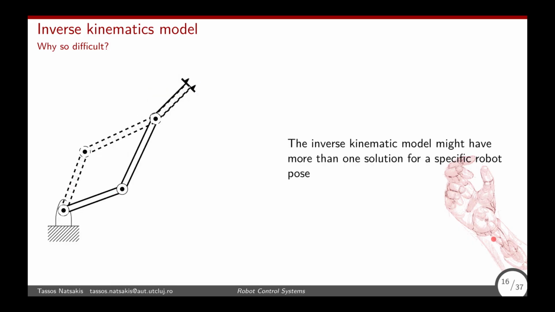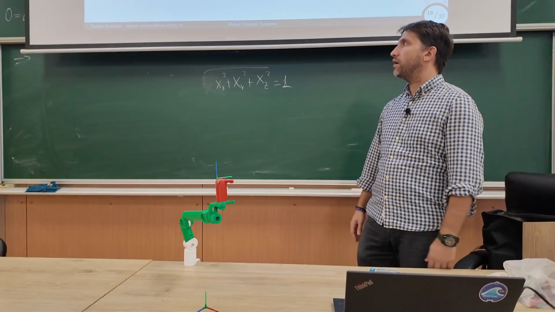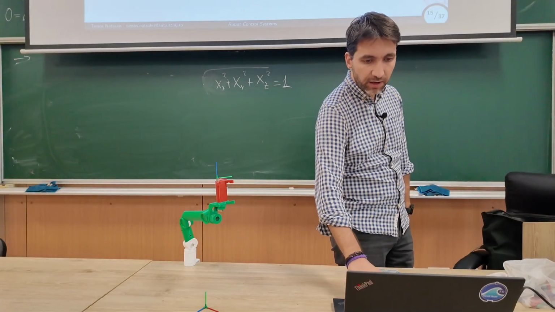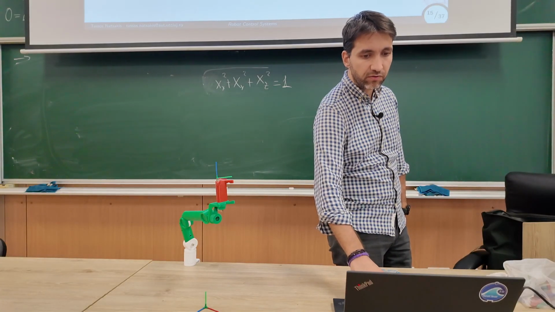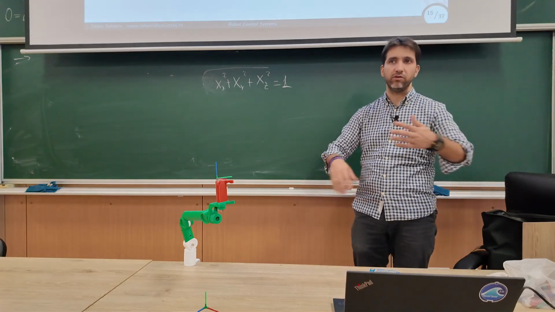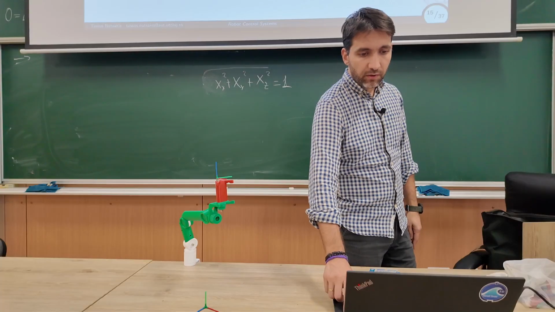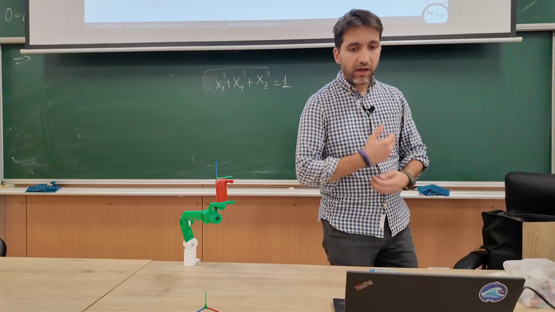But we also have weird situations, like inverse kinematics might have multiple solutions. We're trying to invert nonlinear functions, because the forward kinematics is a nonlinear function of cosines, sines, trigonometry multiplied, added together, and whatnot.